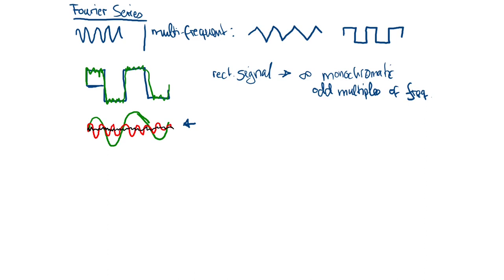And to describe this more mathematically, our periodic signal or periodic multi-frequent signal can be decomposed into an indefinite number of monochromatic signals.